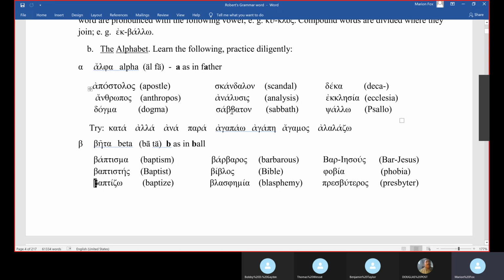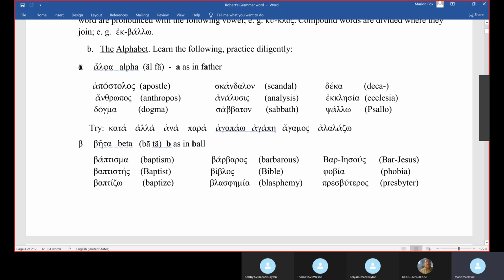Deka, 10. Ecclesia. And so the alpha at the end, and that's the I sing. So that's where your alpha is used.